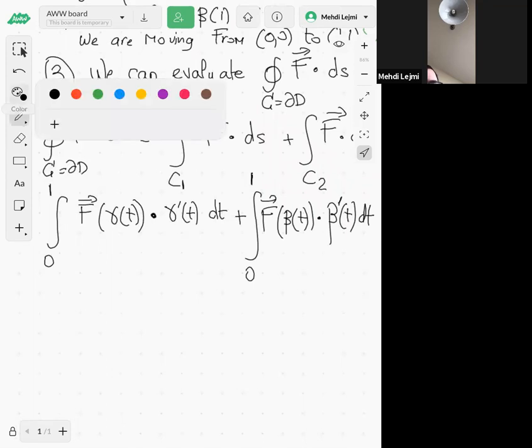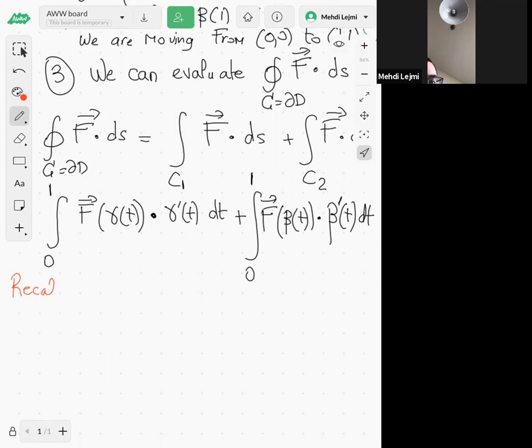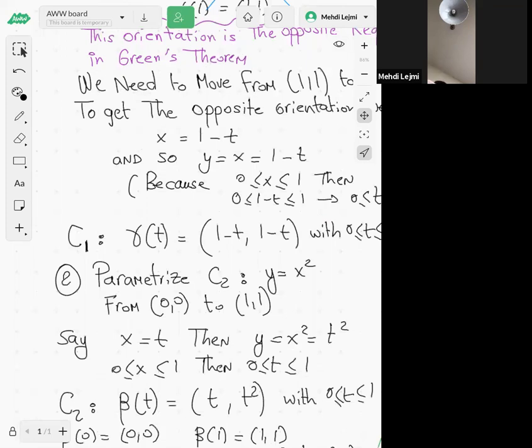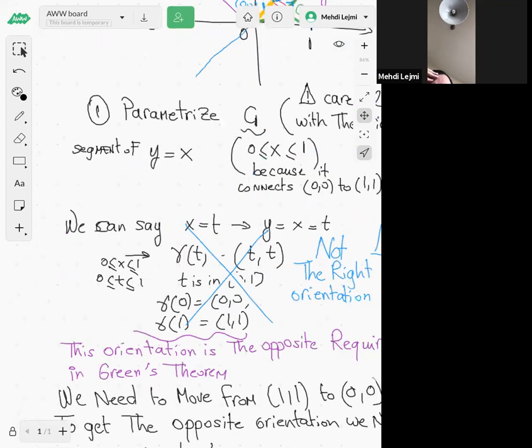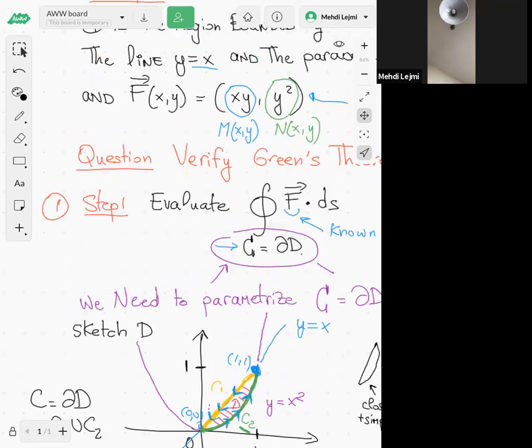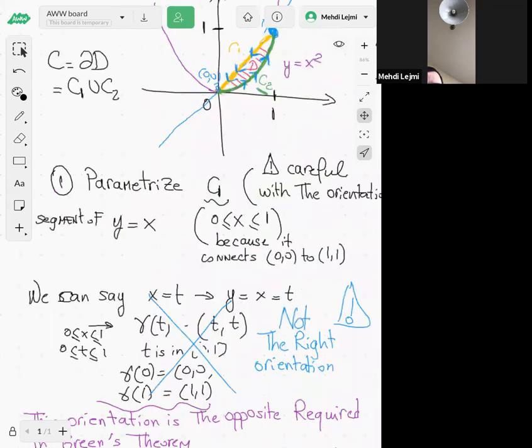So just to remind you guys here, let me write down for you. What was f? F, the force field, the vector field, was equal to x, y, and y squared.